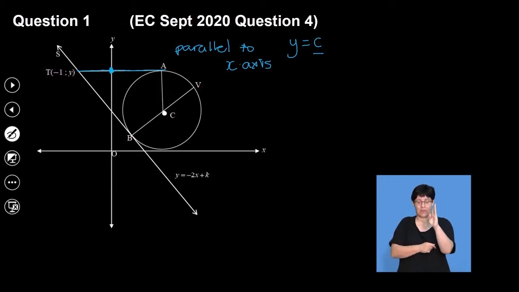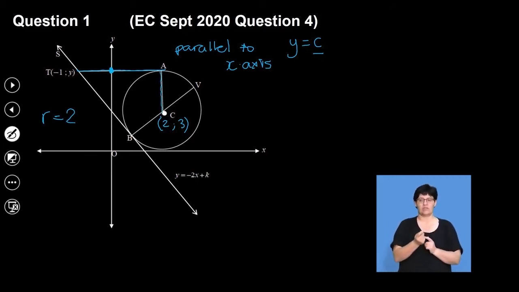So again, we're coming back to this point C, which has the coordinates (2, 3). And we also know that the radius of the circle is equal to 2. There are actually quite a few radii drawn here. There's a diameter over there, and there's this radius over here, AC, and we know that that is 2 units.